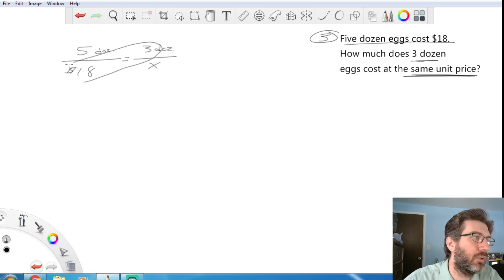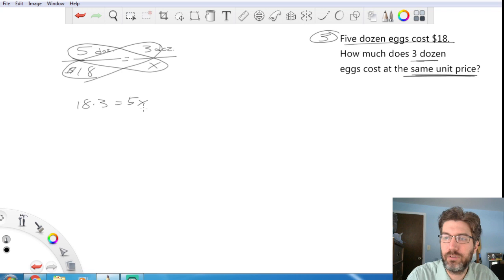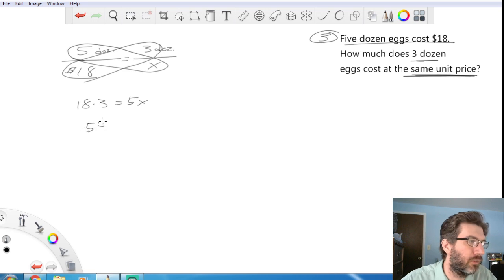So cross multiply, 18 times 3 is equal to 5x. 18 times 3 gives you the 54, and 5x you can't do much with.